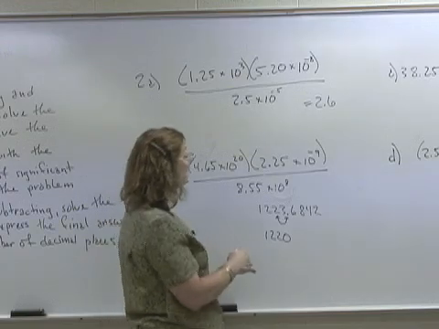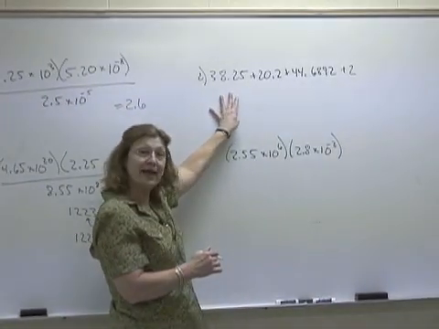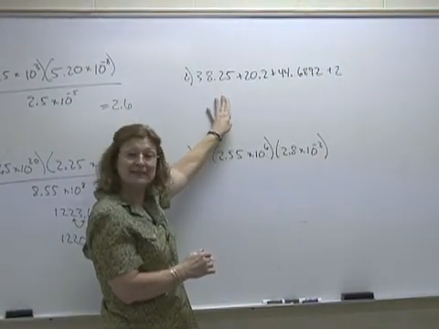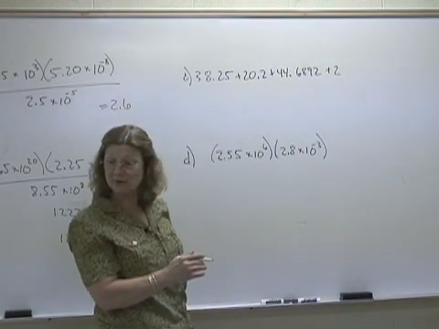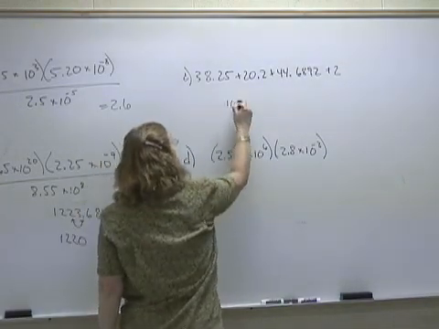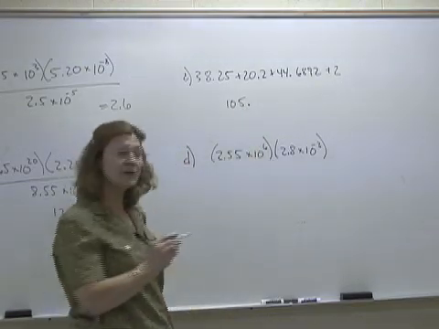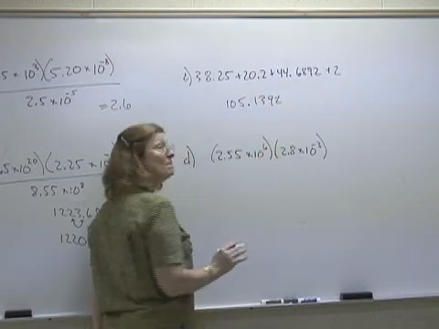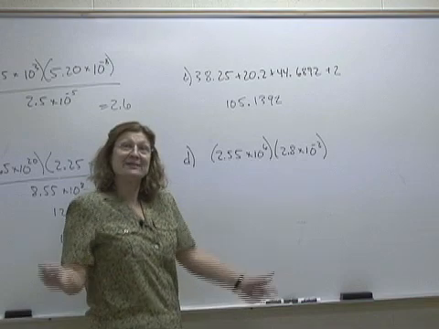Now, when I'm adding and subtracting, there is a different rule. I use that my answer should only have the number of decimal places for the number that has the least number of decimal places. Well, when I add this number up, I get 105.1392, but the least number of decimal places given in this problem is no decimal places.